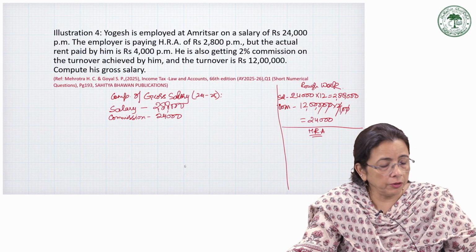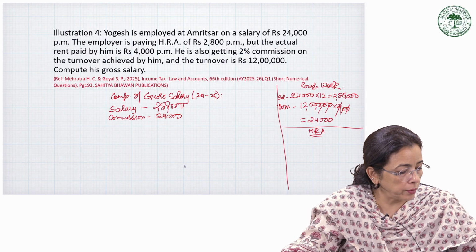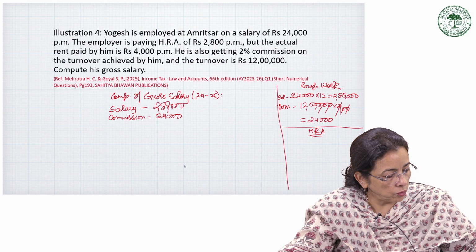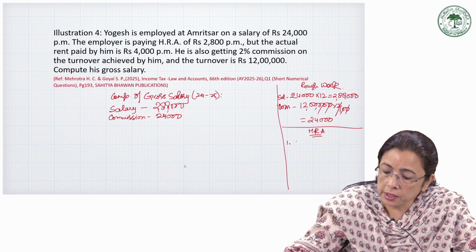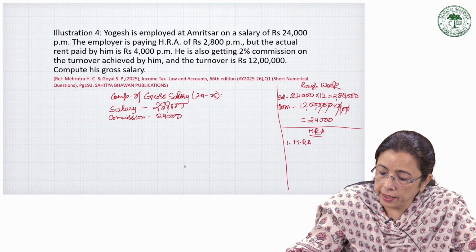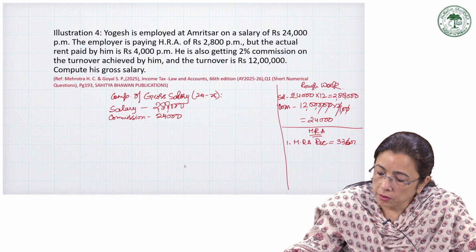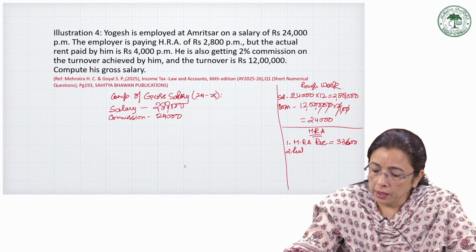So 2,800 into 12, the first point is actual HRA received, it comes to 33,600.